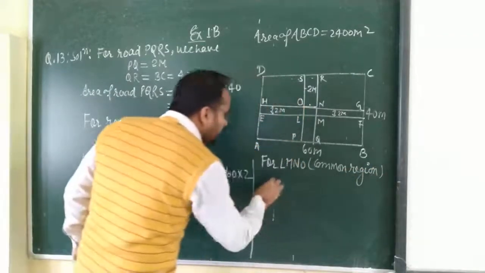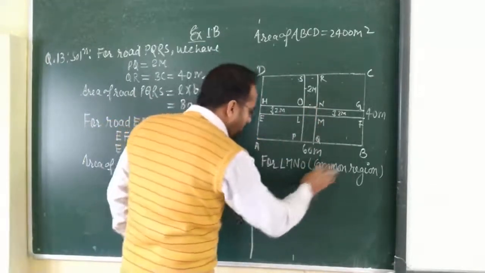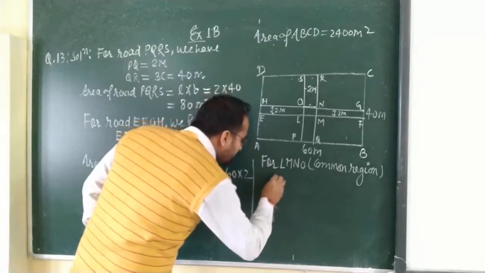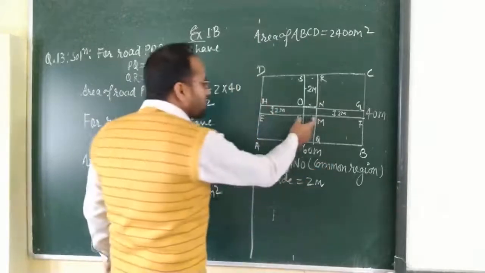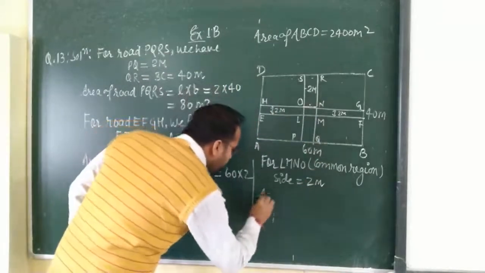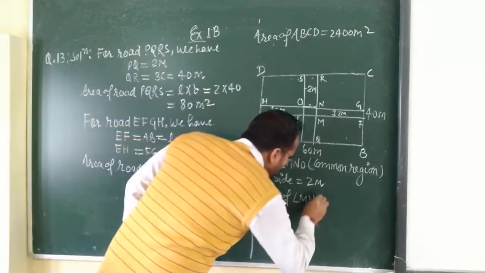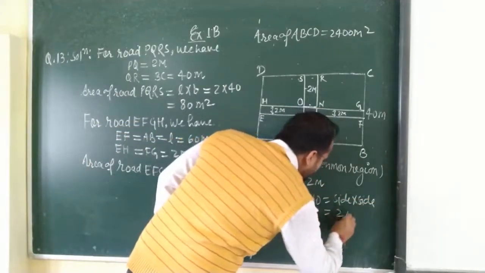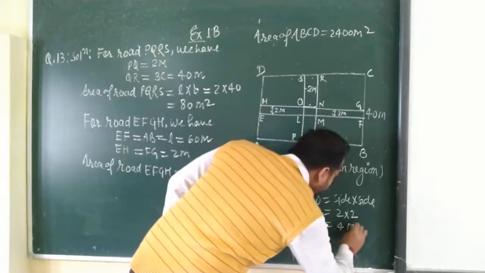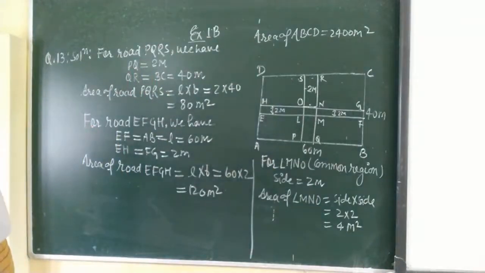Common region of two roads. In that, LMNO is a square, it is a common region. So side is equal to 2 meter, so the area of region LMNO is equal to side multiplied by side, 2 into 2, what will you get, students? 4 meter square is the area of this region LMNO.